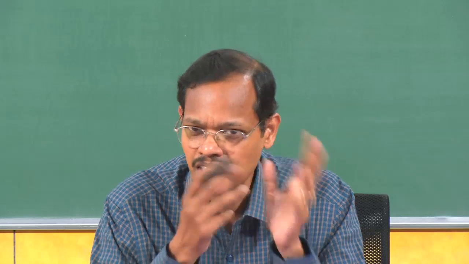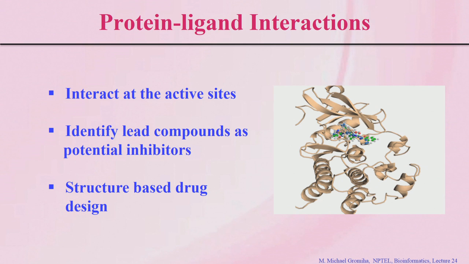They can interact with the active sites, change the conformation of the protein, and inhibit several activities. Protein ligand interactions are important in structure based drug design, for identifying lead compounds or potential inhibitors for various targets involved in different biological pathways as well as in different diseases.